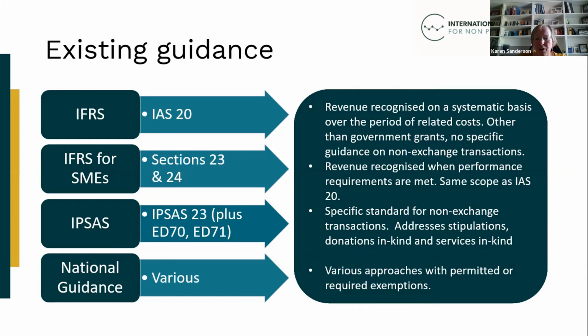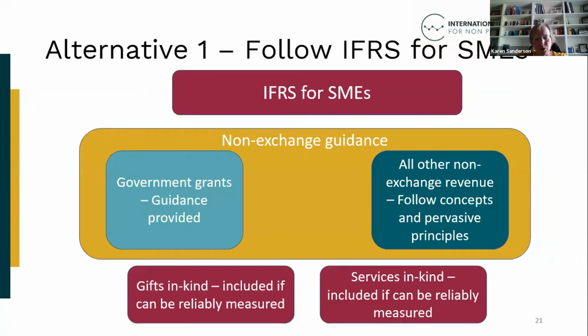So with this backcloth, the four alternatives span both the international and national approaches, and I'll now go through each of these in turn. Alternative one is based on IFRS for SMEs, and it requires that all non-exchange revenue be recognised in accordance with that standard.